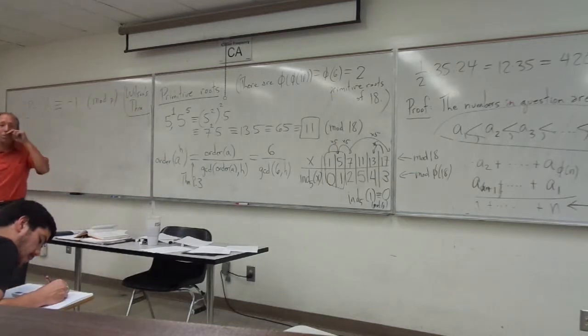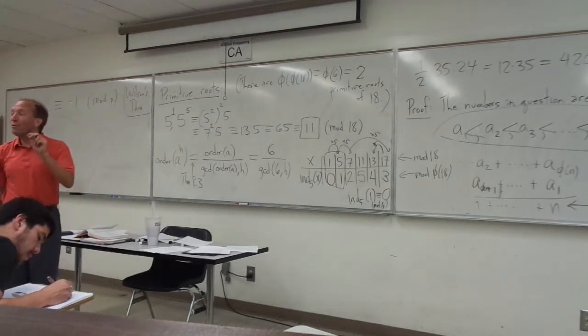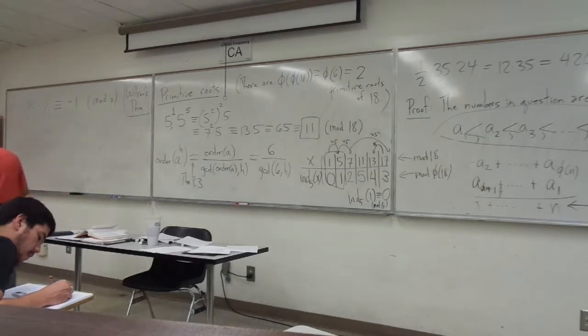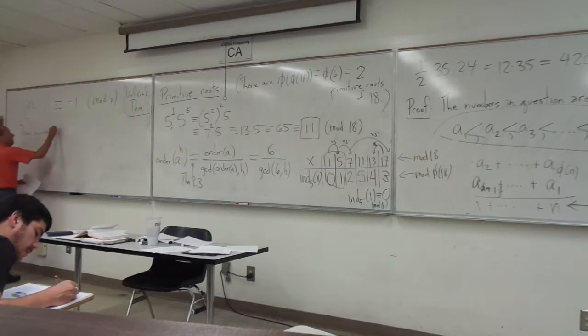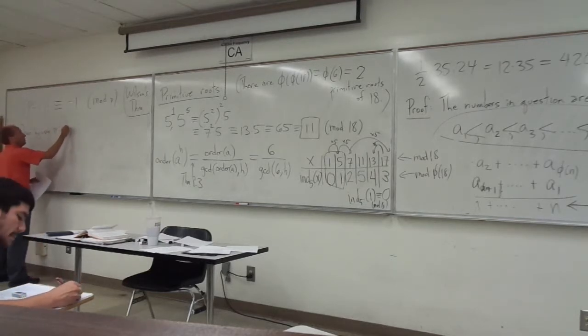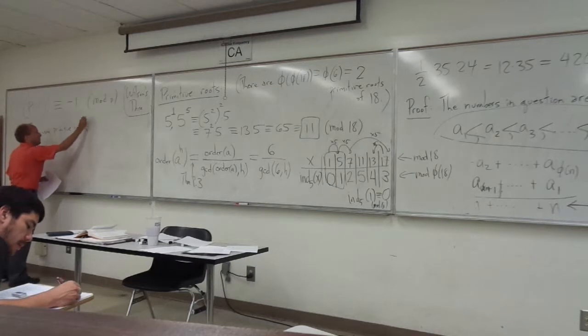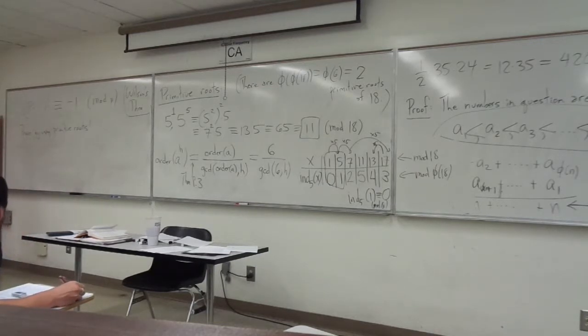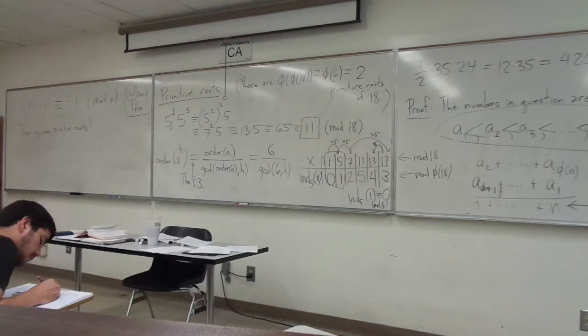But I want to give a new proof using primitive roots. Prove Wilson's theorem by using primitive roots. Okay. This is a very short proof, but it's absolutely lovely. So this will make us all smile when we head out.